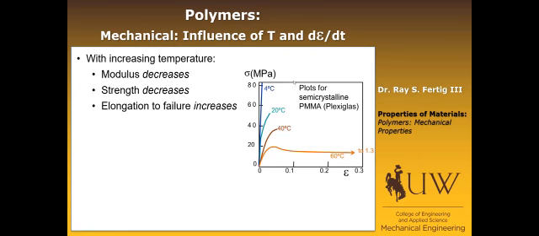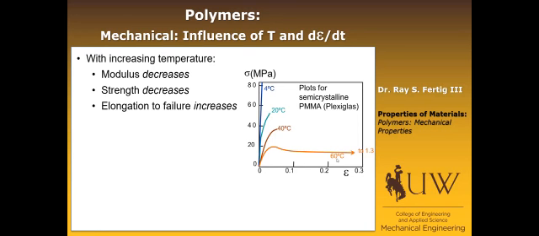That's why you get this blue curve. In contrast, at higher temperatures, they have enough mobility to respond and extend themselves. The chains can uncoil in response to the load that's being applied, and so they're able to deform much more readily at lower stresses.